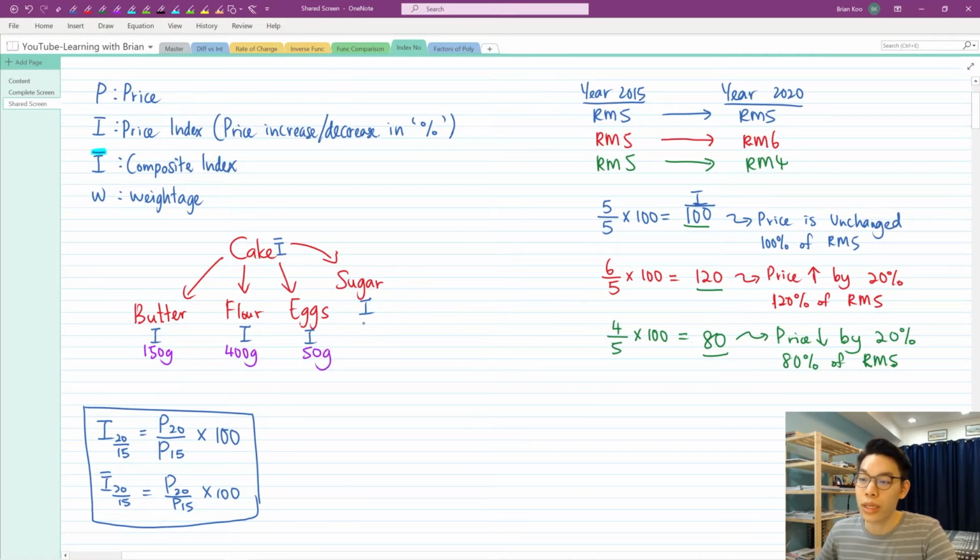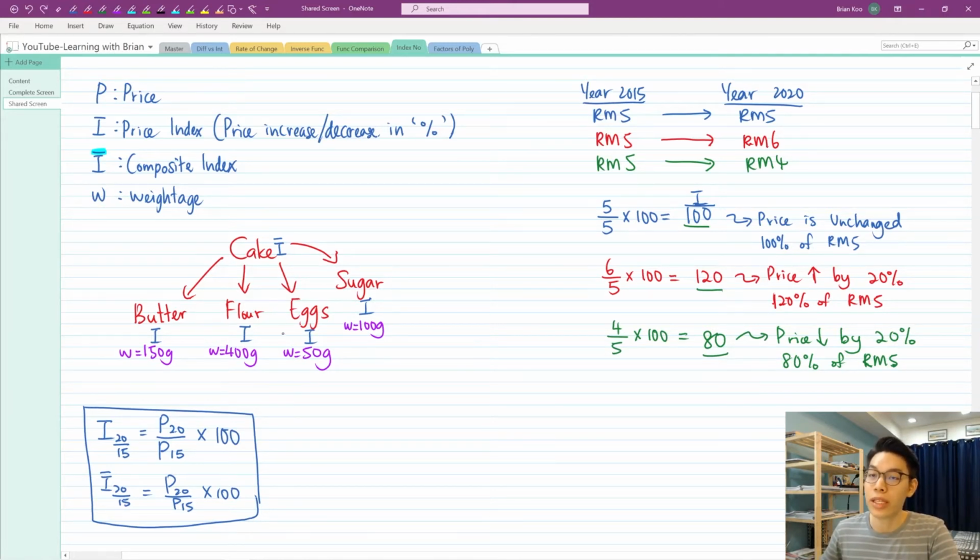Sugar, maybe 100 grams. So all this in purple color, they are the weight, or we can call it the weightage, meaning how much you need to put for each of these ingredients to bake your cake. We'll call this the weightage, which is this W.